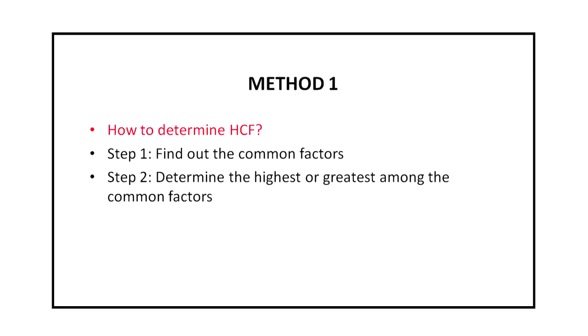Find out the common factors. It's a simple thing to do. We have just now learned how to determine the common factors of numbers. Step 2. Determine the highest or the greatest among the common factors.